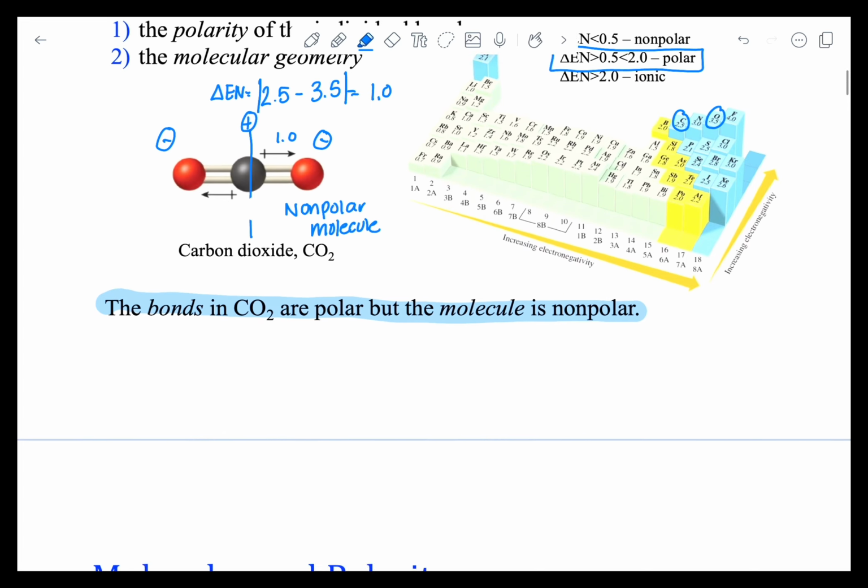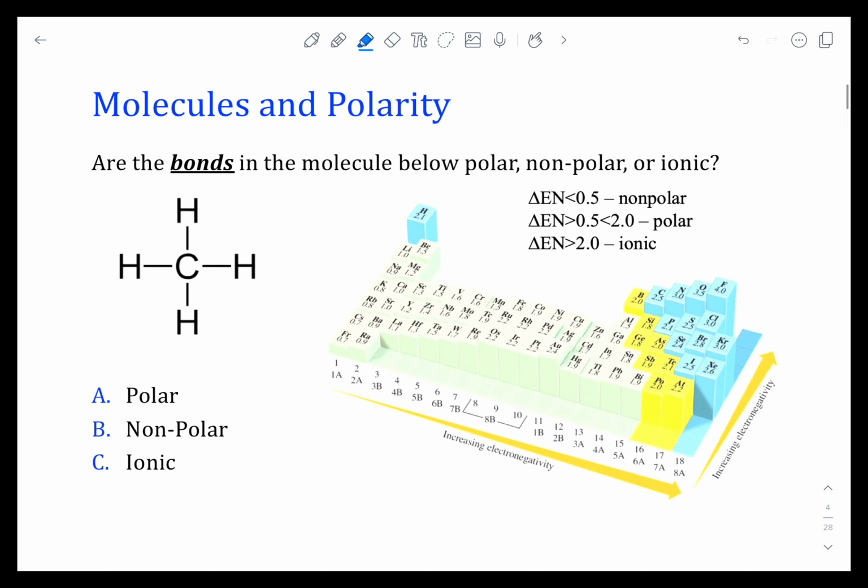Okay, let's keep looking at this. So for our little review here, I have the molecule CH4, which is methane, and we want to know, are the bonds in the molecule below polar, nonpolar, or ionic? Well, we know it's not going to be ionic. We're going to cancel that one out because we have bonds.